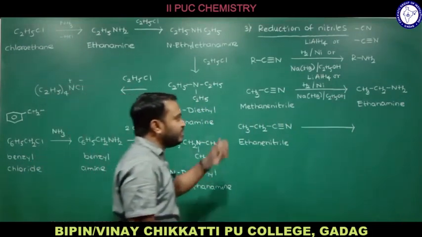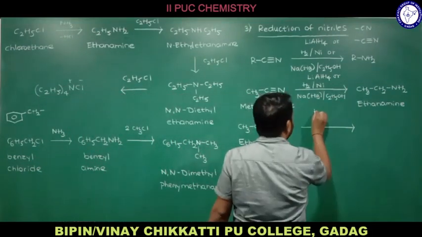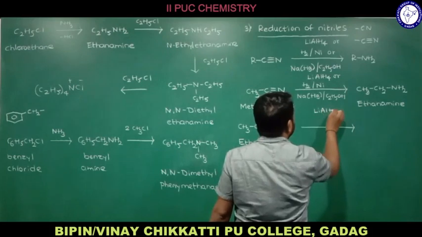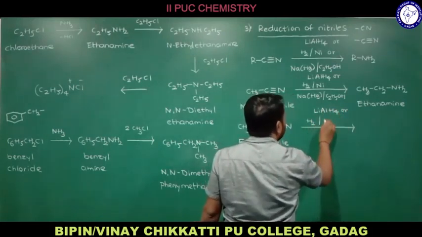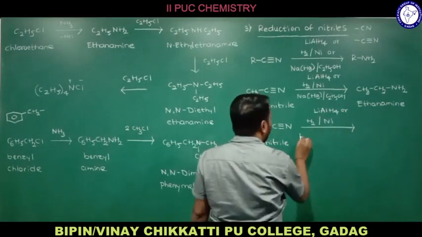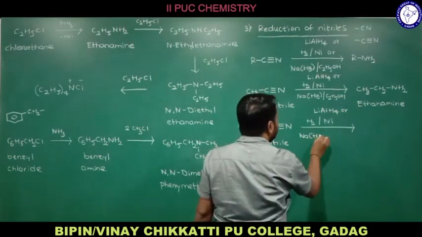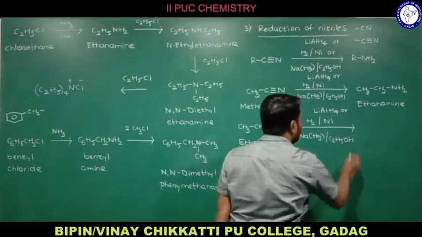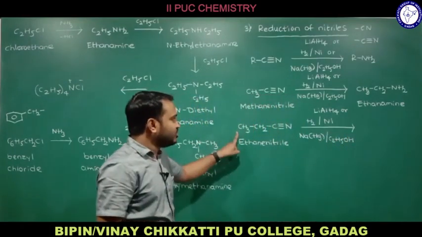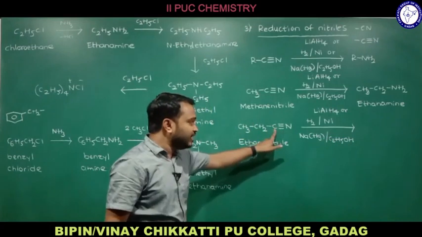Since we have a nitrile, the suitable reducing agents are lithium aluminum hydride, or the addition of hydrogen in the presence of nickel, or sodium amalgam in the presence of C2H5OH, and we get CH3, CH2, CH2 and NH2.